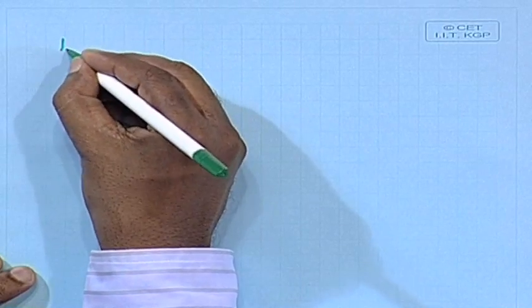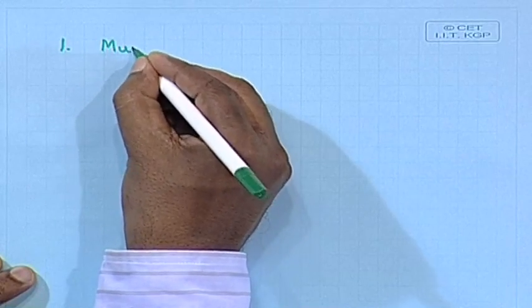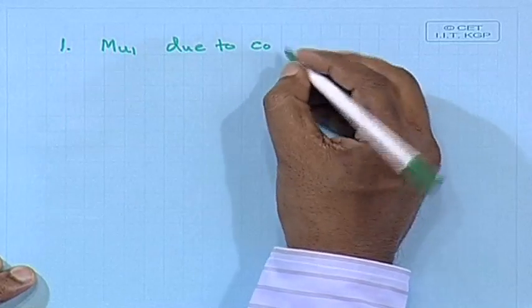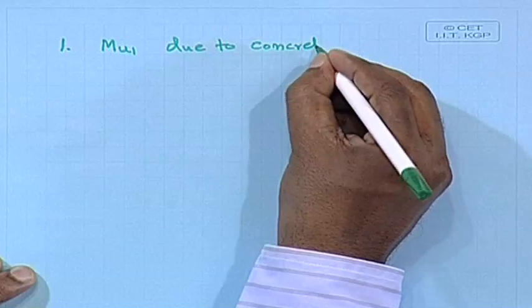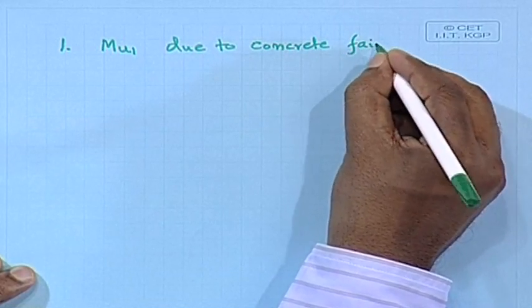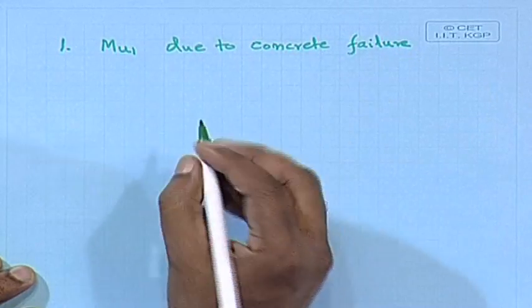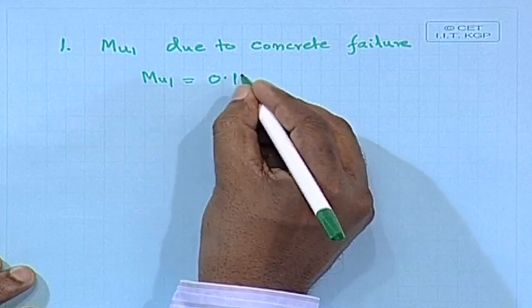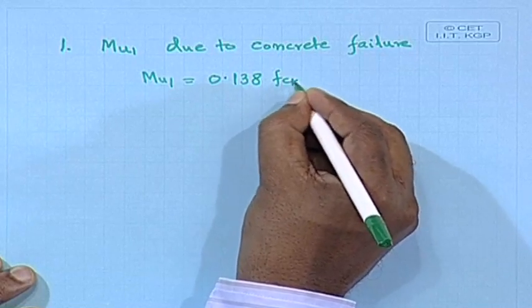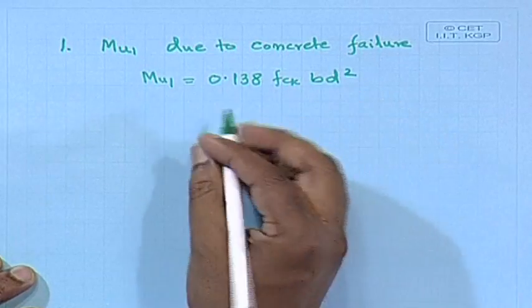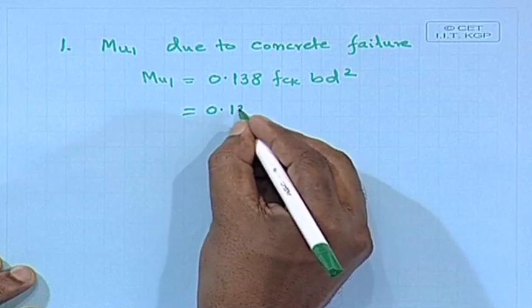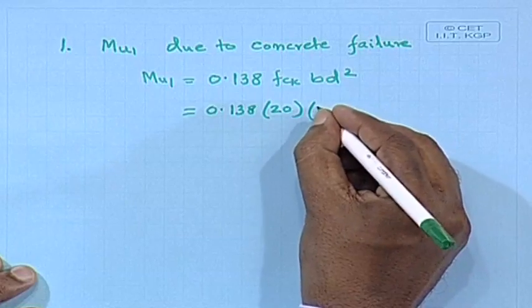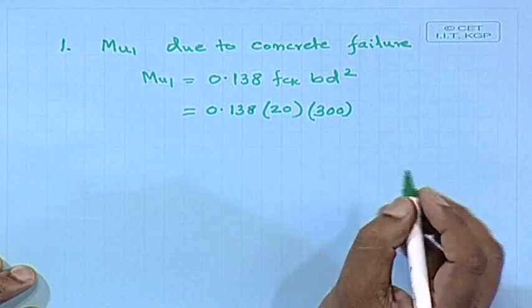Number 1, Mu1 due to concrete failure. Mu1 equal to 0.138 fck bd square equal to 0.138 multiplied by 20 times 300, that is the B. What about d?